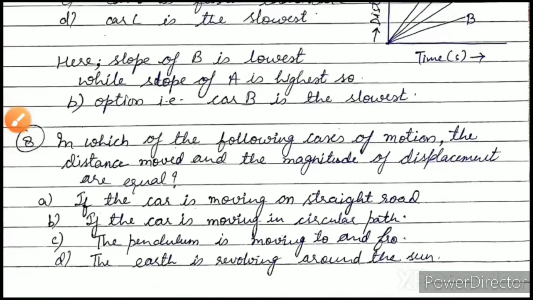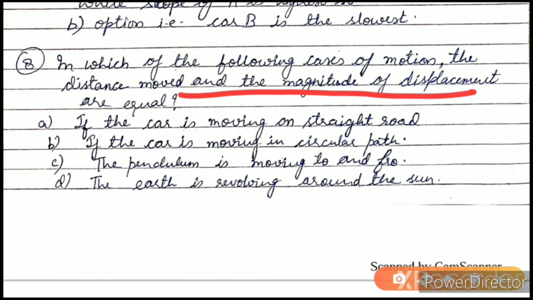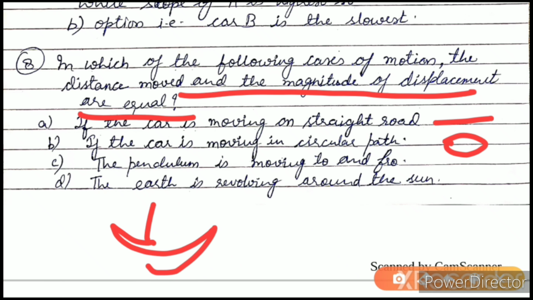Now come to the next question. In which of the following cases of motion are the distance moved and the magnitude of displacement equal? We have to see: a car moving along a straight road, a car moving in a circular path, a pendulum moving to and fro, and the earth revolving around the sun.